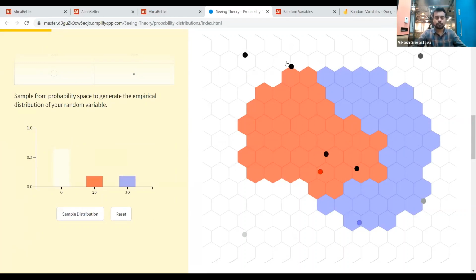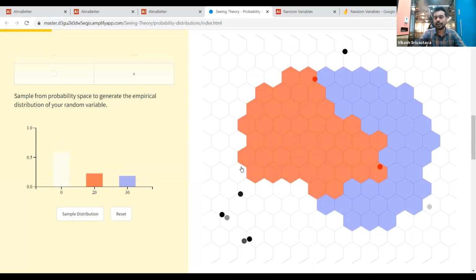As you can see, the probability of a dot appearing in the red hexagons is 0.21, in the purple hexagon is 0.1, and in the white hexagons is 0.59.